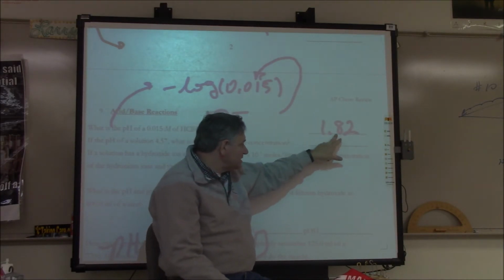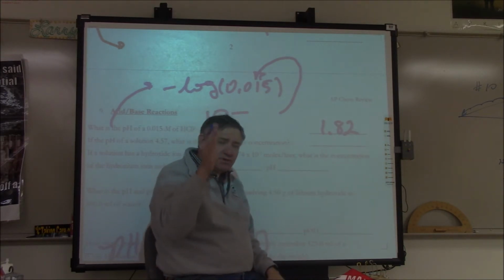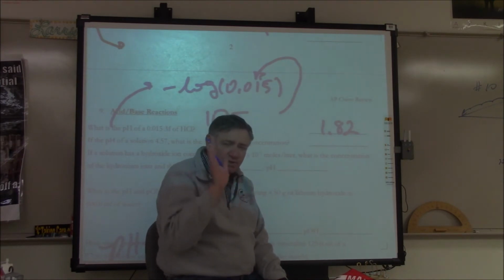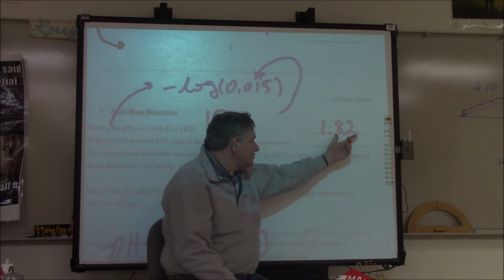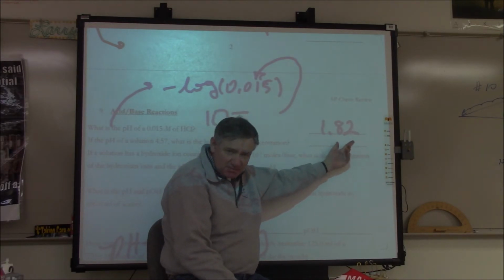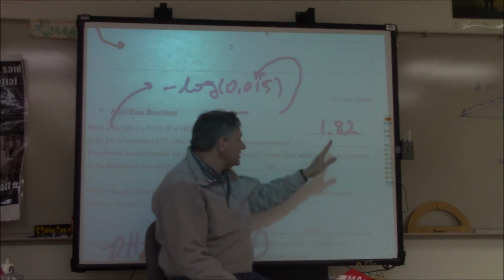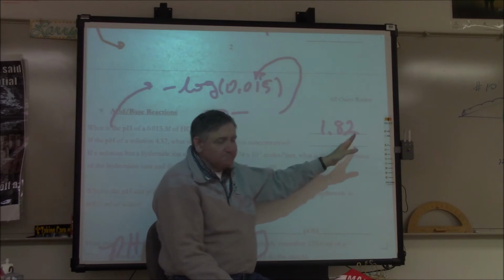The uncertainty plays out to the right of the decimal place. So whenever you write a pH or a pOH, you always want 2 digits to the right of the decimal place. Okay, listen to me. There is no exceptions to this whatsoever. Even if this was exactly 1, you would write this as 1.00.